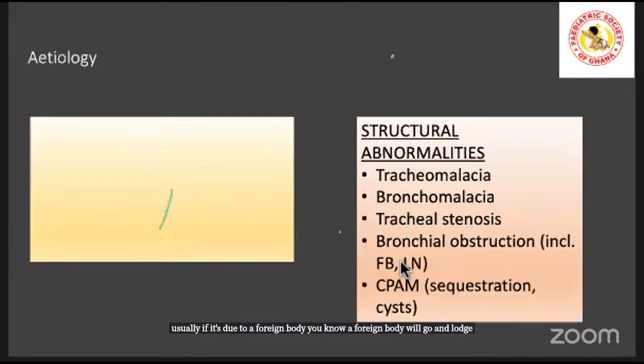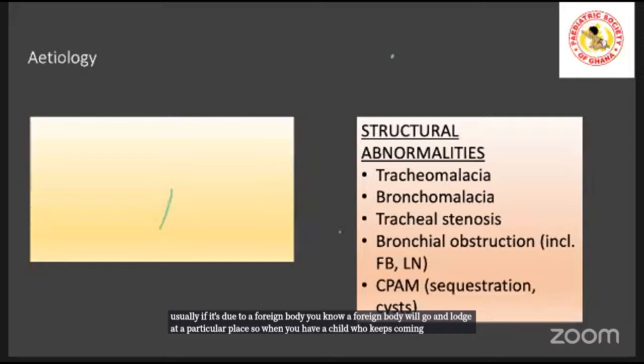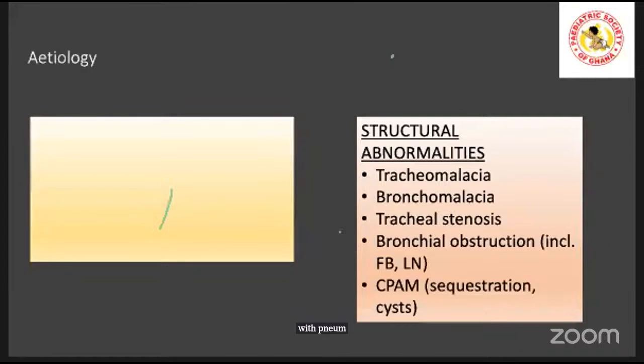So when you have a child who keeps coming with pneumonia, and every time you take the X-ray it's the same spot that has the pneumonic changes, you should think about a foreign body that has been missed, because early intervention can actually save the affected lobe.